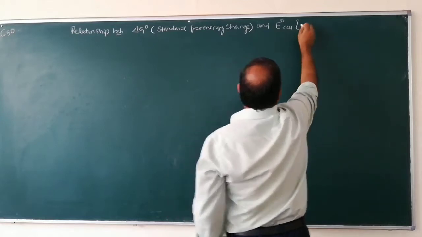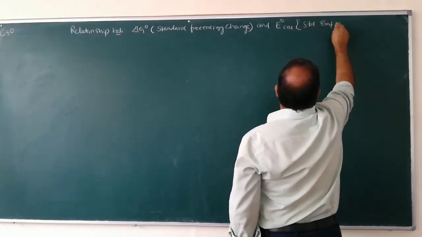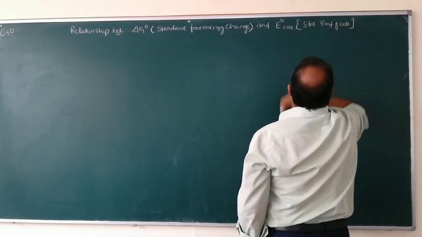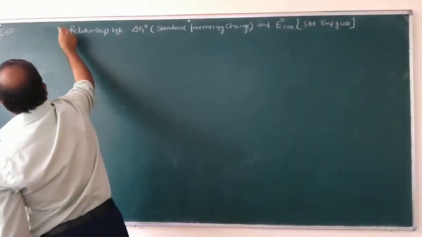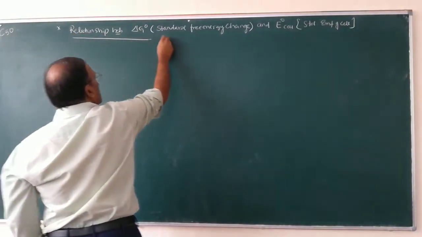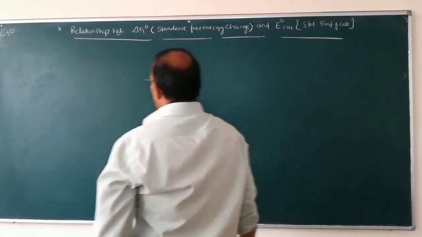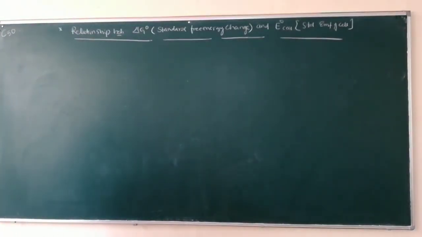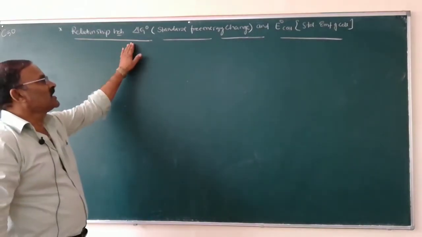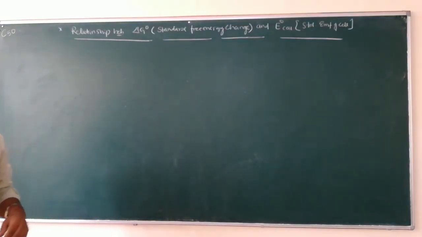What is E naught of cell? This is the standard EMF of cell. So this equation is also important. This equation will be used to work out problems. So the relationship between delta G naught, standard free energy change, and E naught of cell, standard EMF of cell.